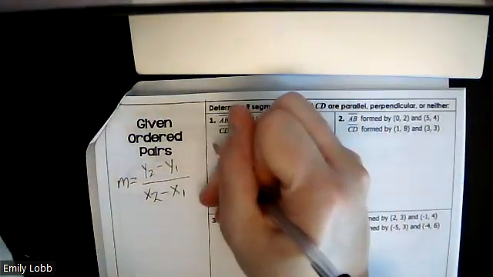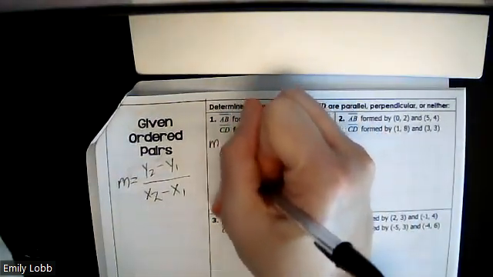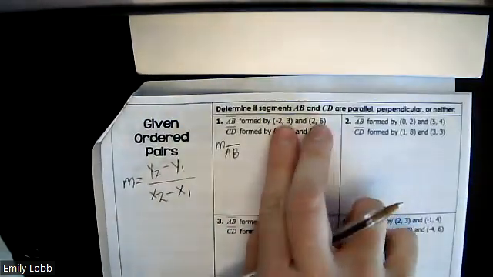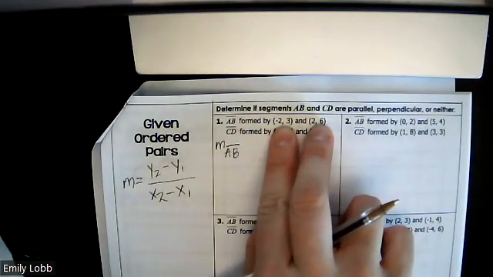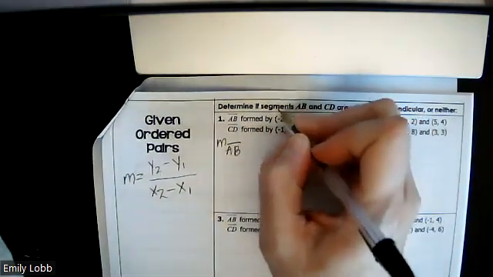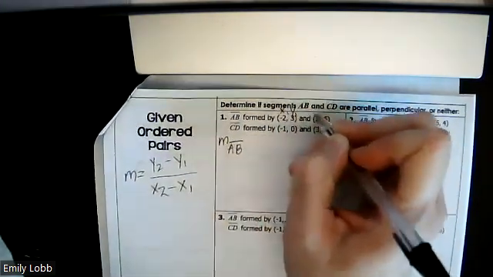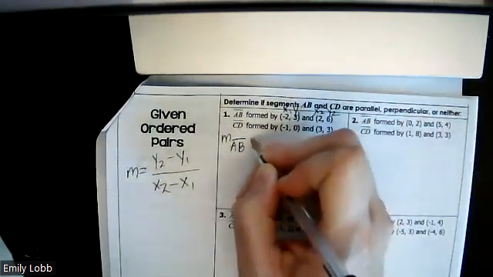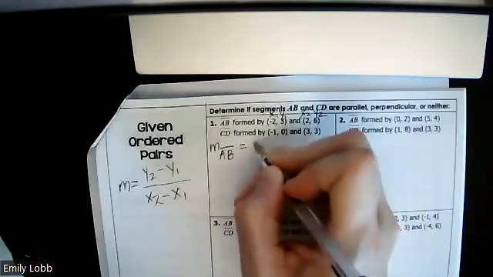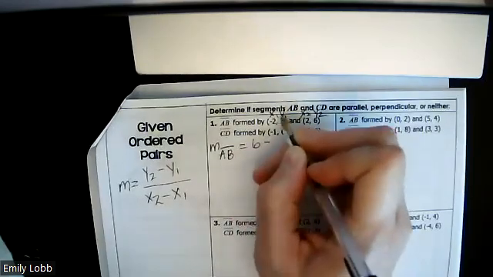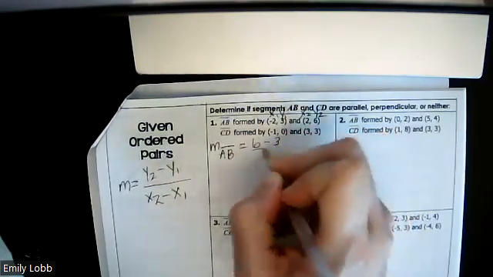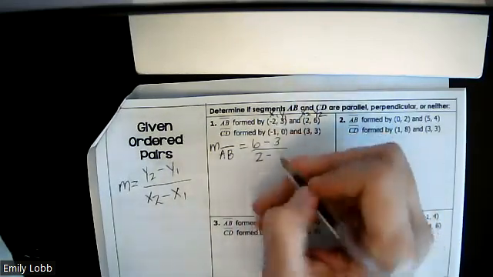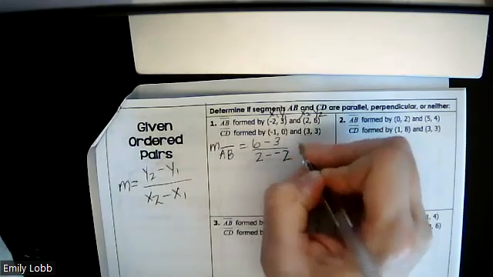If we're looking at the slope of line segment AB, we're using these 2 points. If you need to, you can label these x1, y1, x2, y2, and you're always going to put in y2, 6, minus y1, 3, all over x2, 2, minus x1, negative 2.